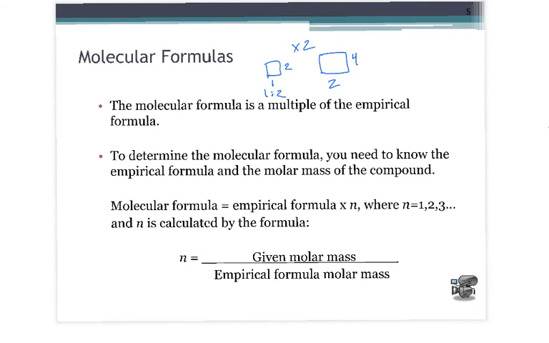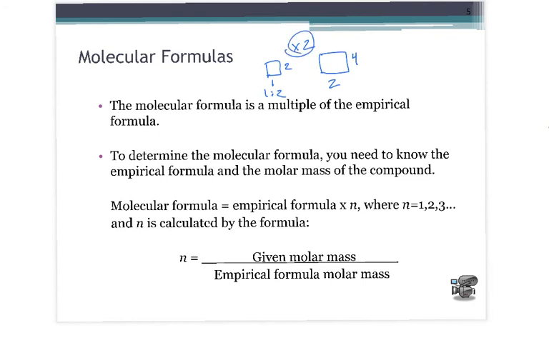So I want you to think about the empirical and molecular formula the same way. In the laboratory, we figure out the ratio in the simplest whole number ratio, okay? But our actual molecule could be more than that, but it will still be multiplied by that factor n.